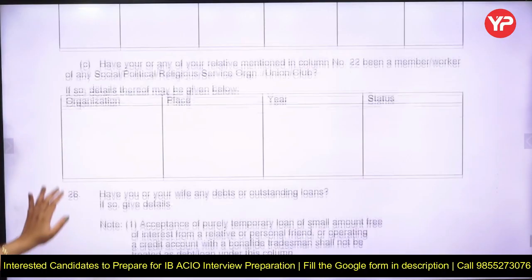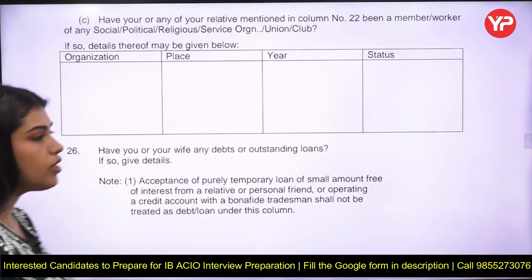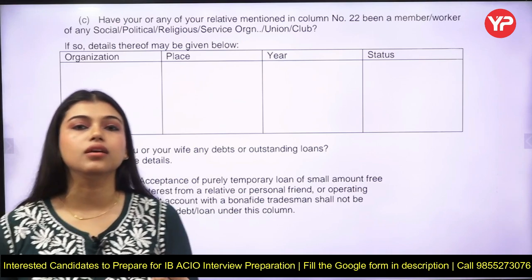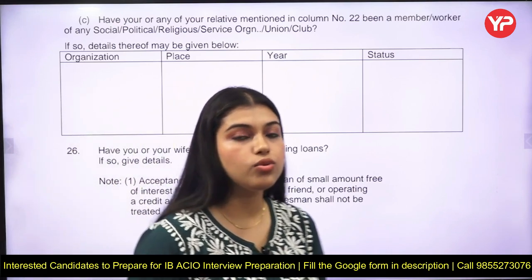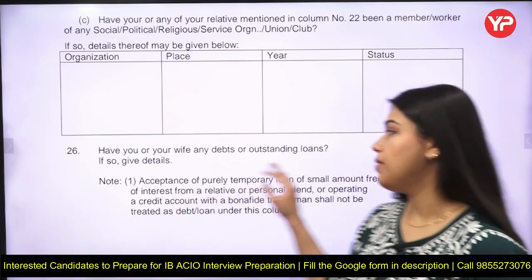Now the 26th question. Have you or your wife any debts or outstanding loans? If so, give details. It is possible that you have taken some kind of loan, whether a housing loan, car loan, or bike loan. If either you or your wife has taken any loan, kindly mention it here.